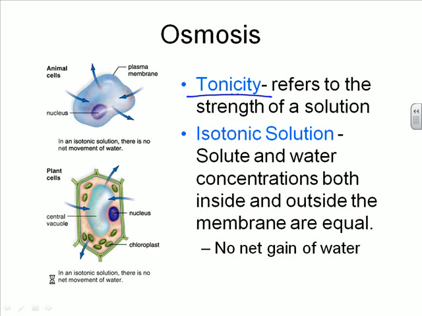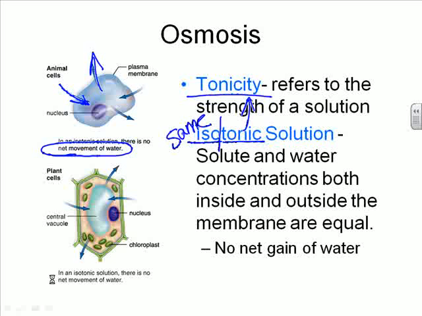One type of solution we have is called an isotonic. Now, tonicity is the strength. Iso means the strengths are the same, meaning the solute and the water concentration on the inside and the outside are both equal. So water will move in and water will move out, but there's not going to be any net gain, meaning we're not going to move out more water than we move in.